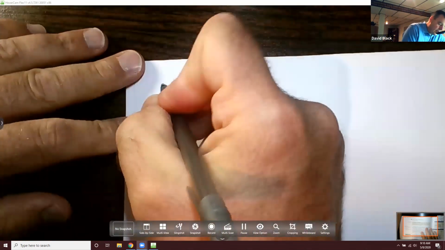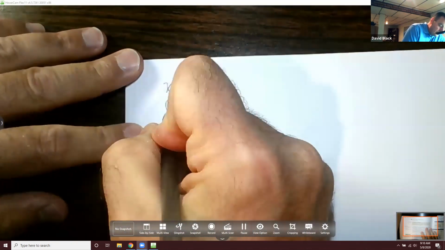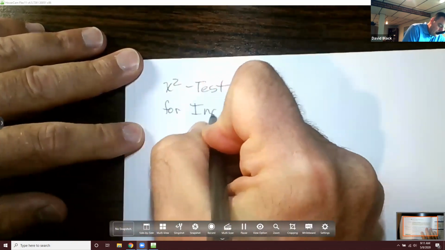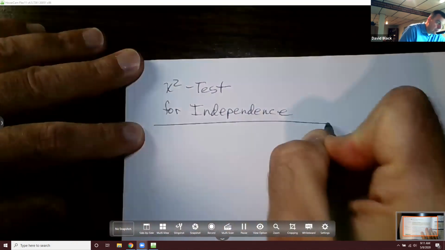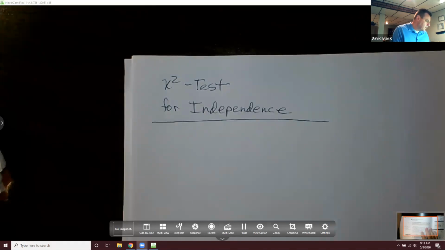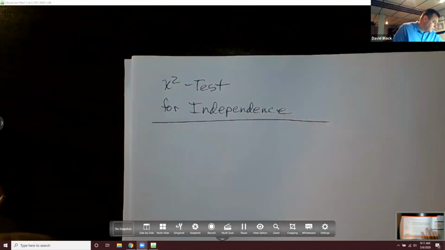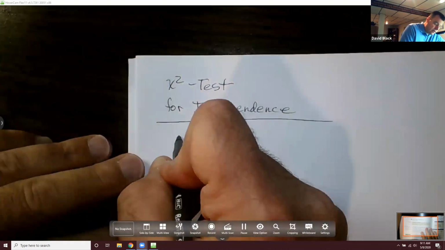We are going to label this the chi-square test for independence. Here are our 5 steps for the chi-squared test for independence.